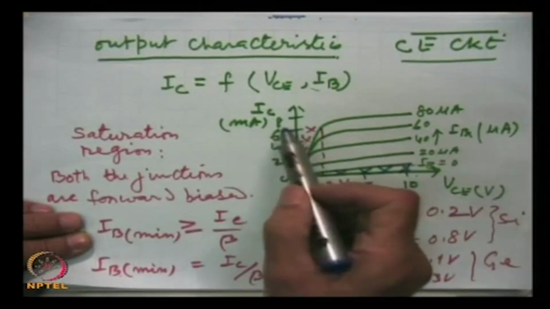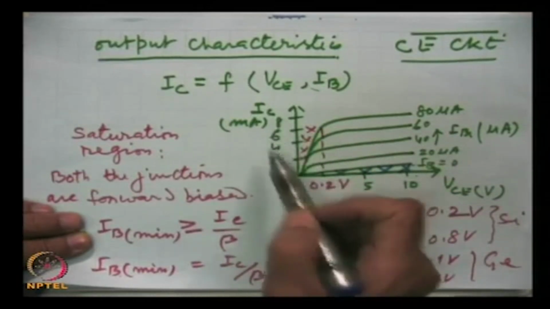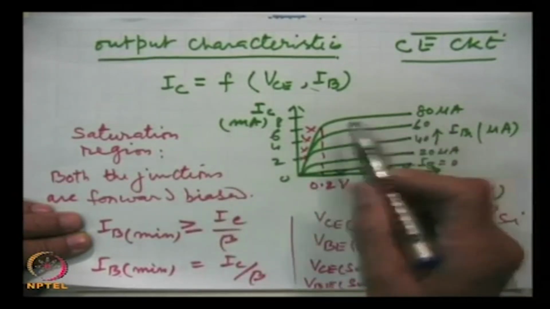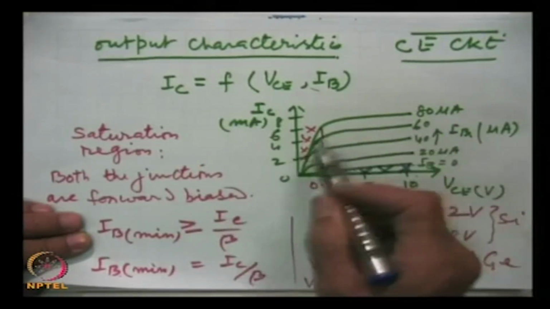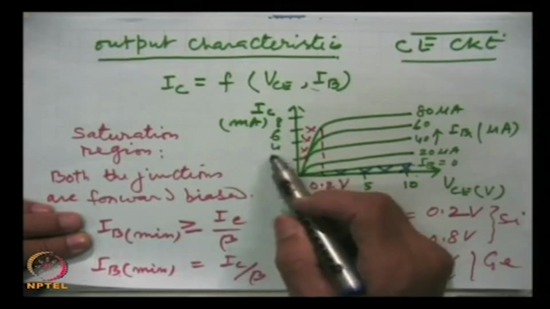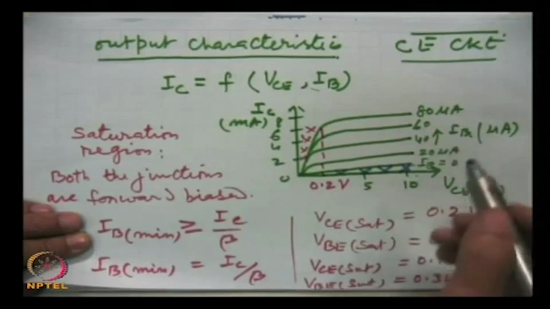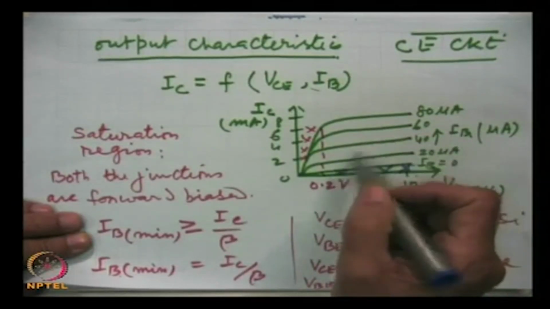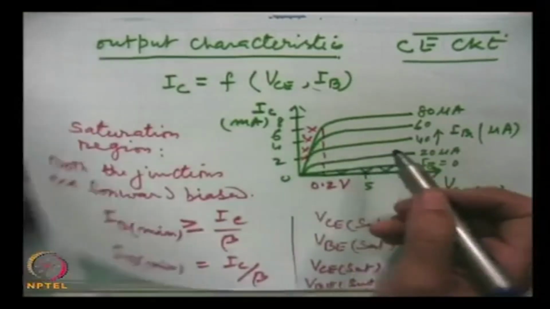Here the output magnitude is in milliamperes, while the input is in microamperes, so this is definitely an amplified output, and in fact we can find several useful parameters from here.